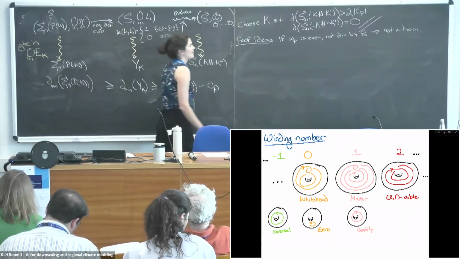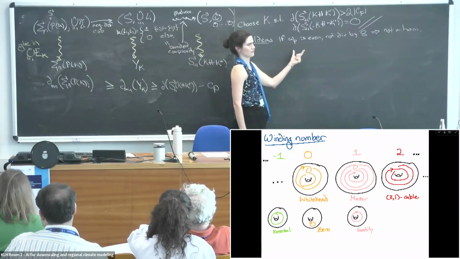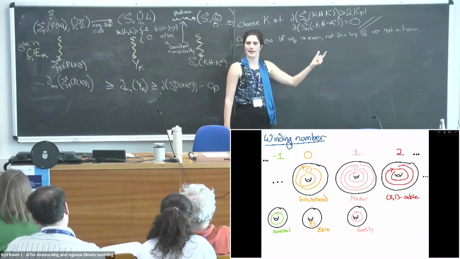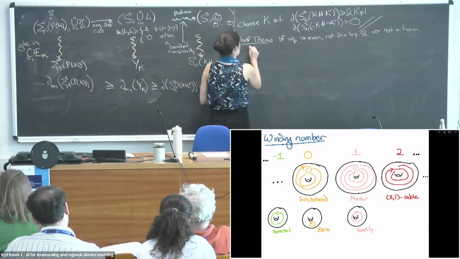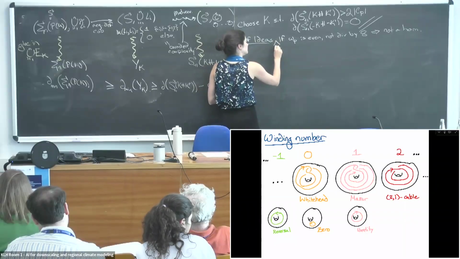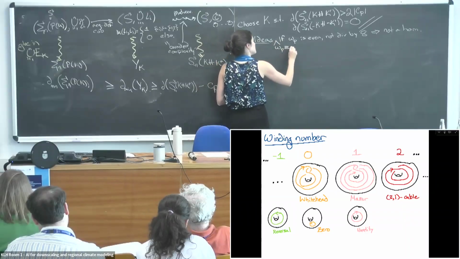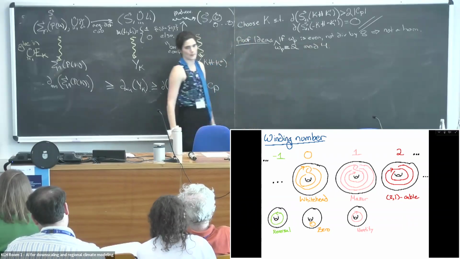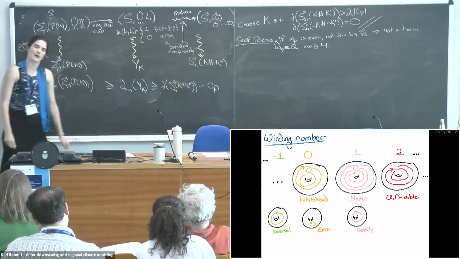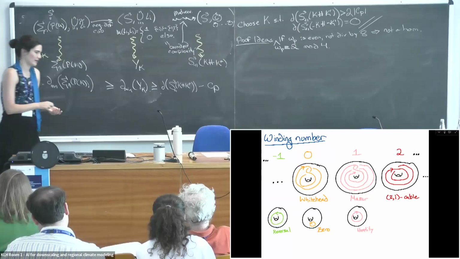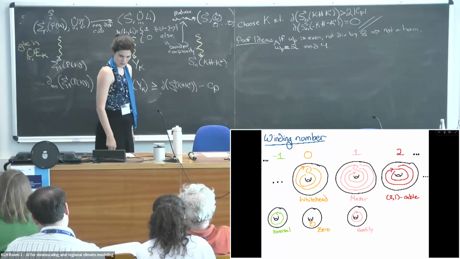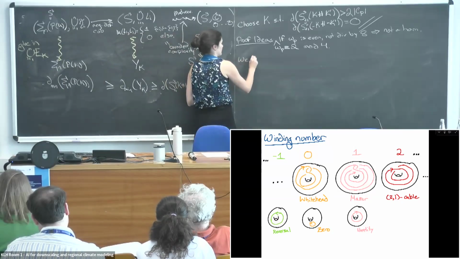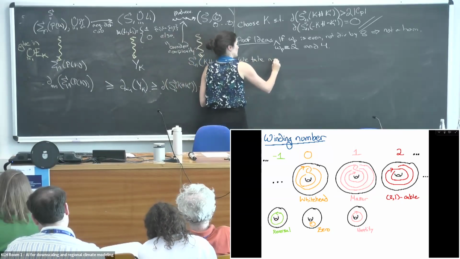Okay, and in fact, there's two cases here: equivalent to 2 mod 4 and equivalent to 4 mod 8. Let's say 2 mod 4, and then if you want to ask me about the 4 mod 8 case, I would be very happy to talk about that afterwards. Okay, so in this case, we take n equals 2.